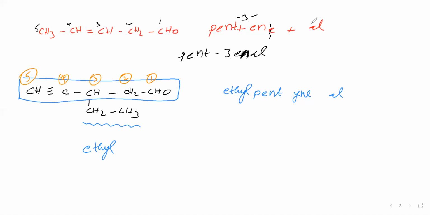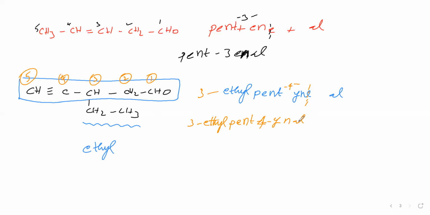Then the position of the triple bond is between 4 and 5, therefore we'll say 4 is the position of the triple bond. Aldehyde position is number 1, therefore we need not mention it. Then we'll drop this e. And the ethyl position is 3, at the third carbon. Therefore, we can say the name of this compound is 3-ethylpent-4-ynal. Like that we can say. This is the name of this compound.